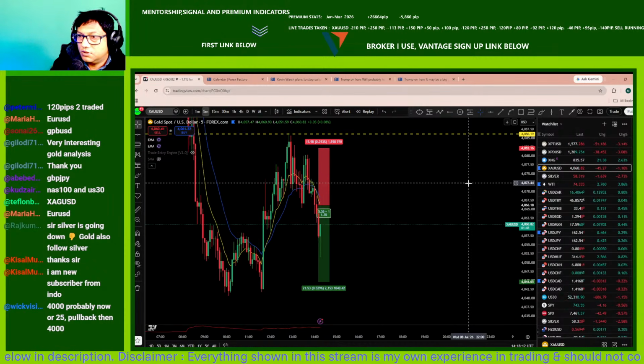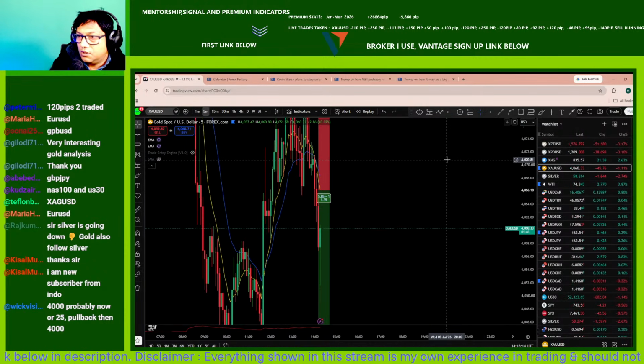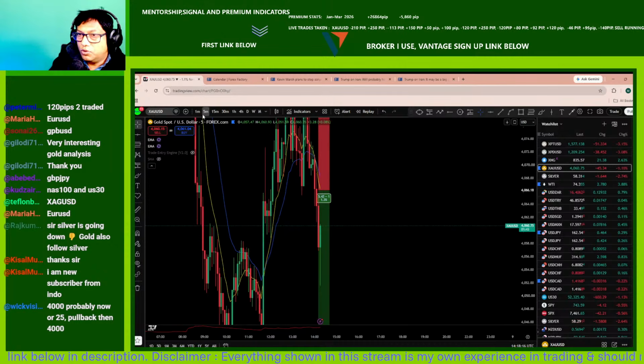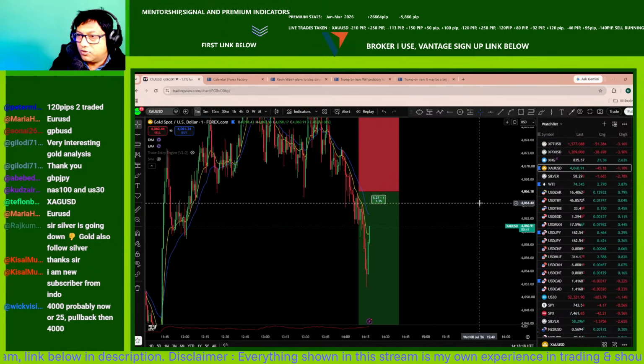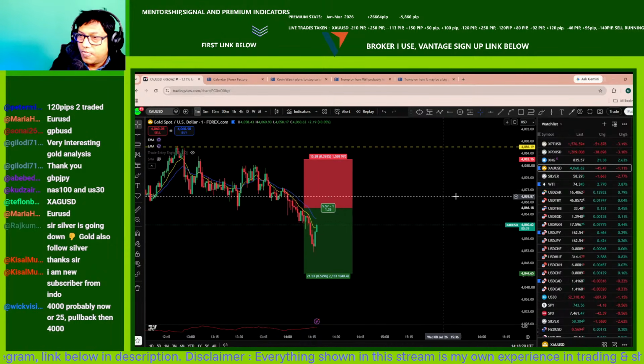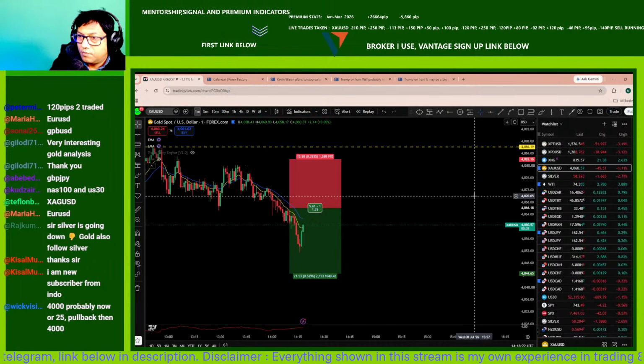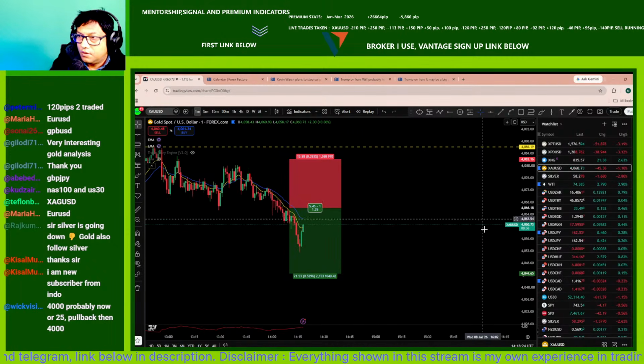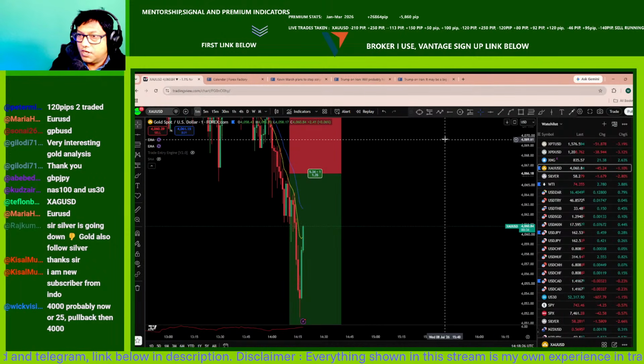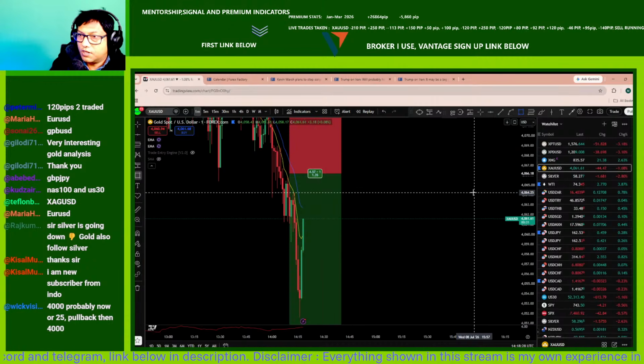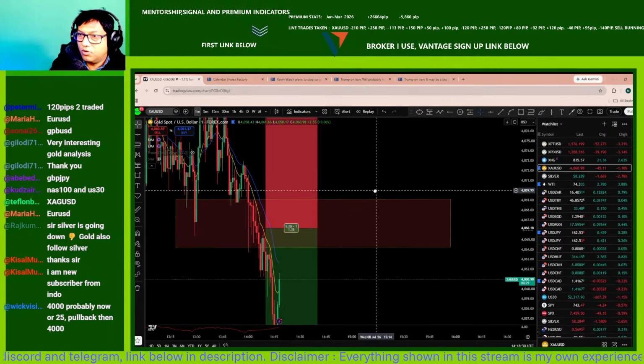And this is a little unusual move. We're waiting for the market to come back to this order block. There is liquidity in this zone here. The market might go to hit that liquidity.